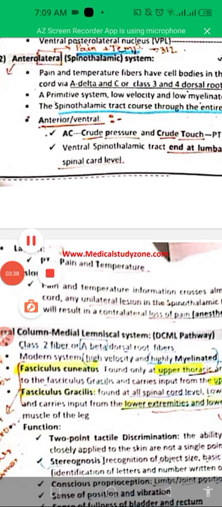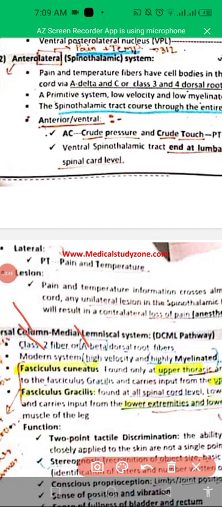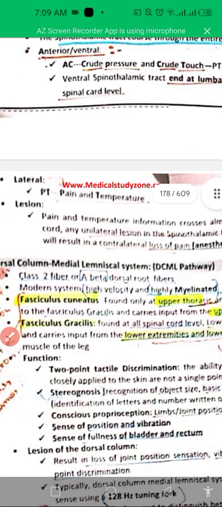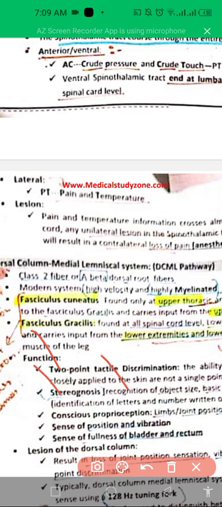And then comes the dorsal column medial lemniscus system. In the dorsal column medial lemniscus system, class 2 fibers, A-beta dorsal root fibers are there, and it is a modern system with high velocity and high myelination. Fasciculus cuneatus and gracilis are found in there, and its function is 2-point tactile discrimination and stereognosis, recognition of object size.